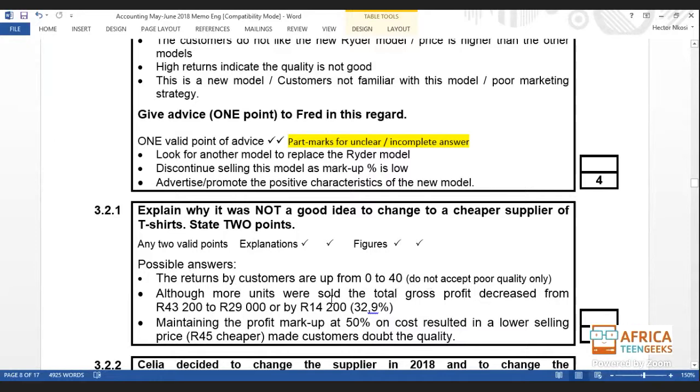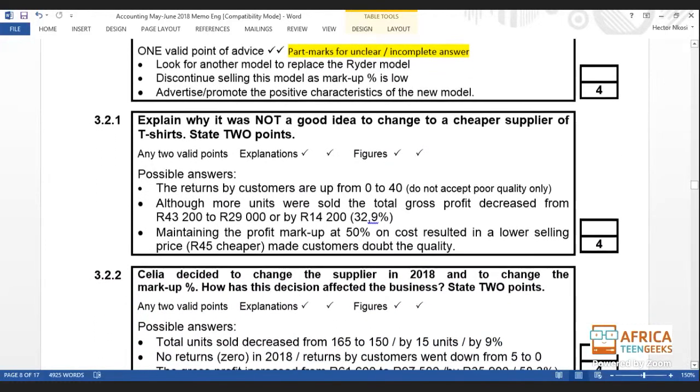Although more units were sold, the total gross profit decreased from 43,200 to 29,000 by 14%, which means that's 32.9%. Maintaining the profit markup at 50% on cost resulted in a lower selling price. 45 rand cheaper made customers doubt the quality, basically.